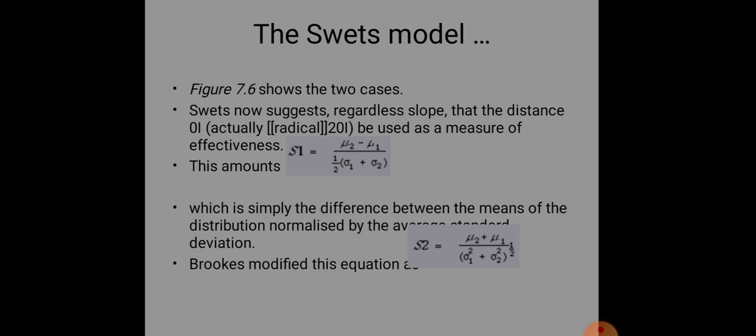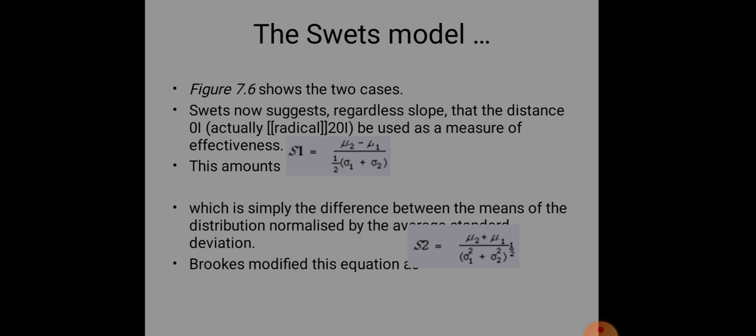Here we all know that mu means the mean of the distribution. Mu2 is the mean of the second distribution, mu1 is the mean of the first distribution. Sigma 1 is the standard deviation of the first distribution, and sigma 2 is the standard deviation of the second distribution. So here we are simply taking the difference between the means of the distributions, normalized by the average standard deviation.